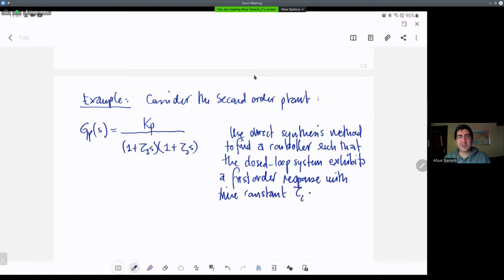Again, tau c is a design parameter, right? Plant model is given and you are being asked to design a controller such that the overall system behaves with a first order response with the desired time constant tau c. Okay?